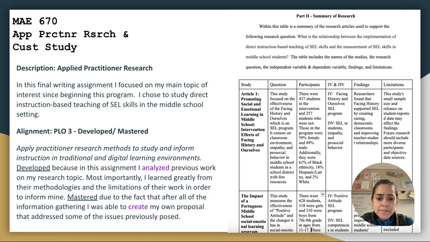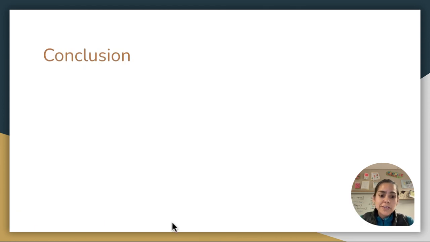And so, in conclusion, I would say that this artifact analysis shows that I've grown as an educator in this past year. I've done plenty of research.